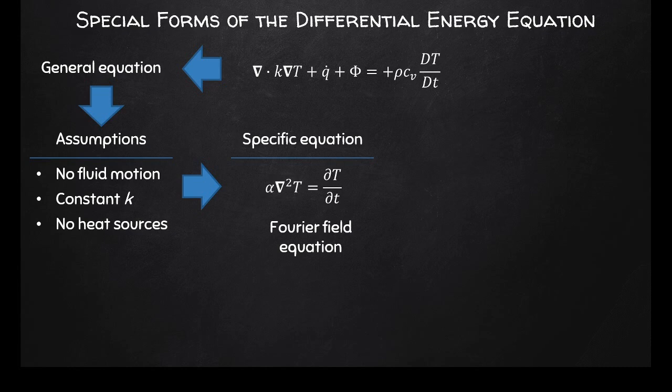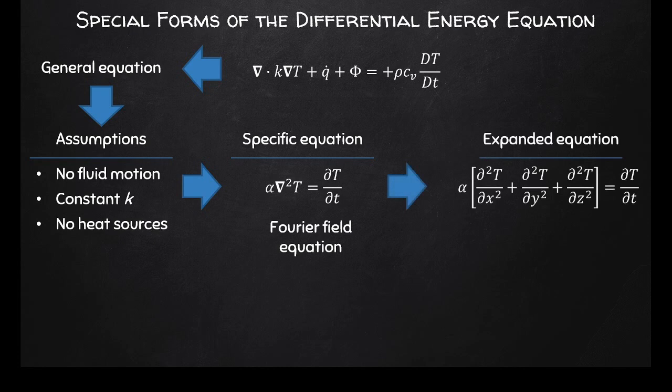For example, here we have derived the Fourier field equation, where we have made the assumption that there's no fluid motion. We keep the thermal conductivity constant, and we also realize that there are no heat sources in our problem statement given to us. Remember that nabla is a condensed form of a more expanded form.